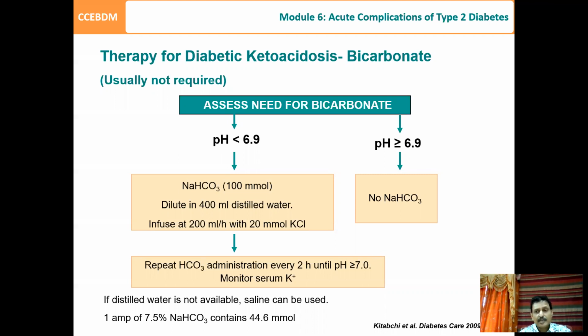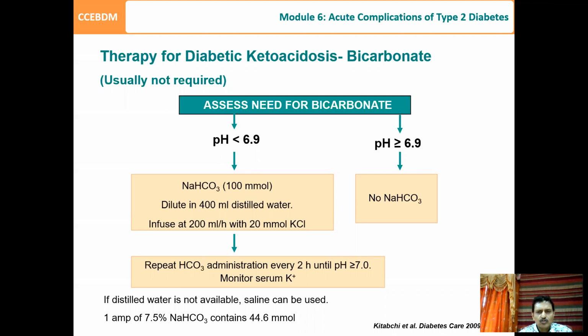But the bicarbonate infusion has a lot of problems. Number one is that it increases the sodium value, so there may be a hypernatremic state. That's a very important issue. And you are actually loading the patient with some volume. In some patients where cardiac dysfunction is an important issue, because the pH is very low, they are basically cardiac compromised patients. So volume overload may be an important issue for this kind of patient.